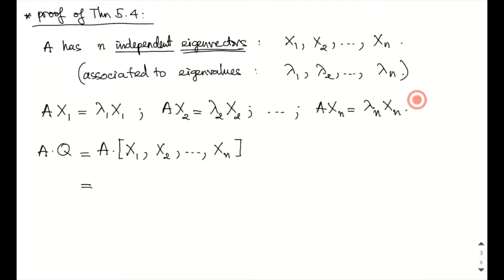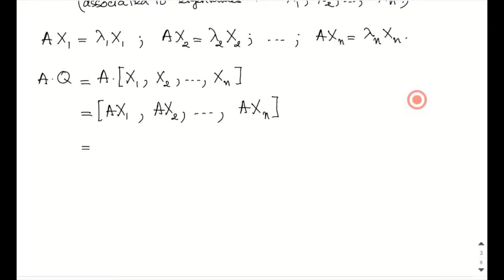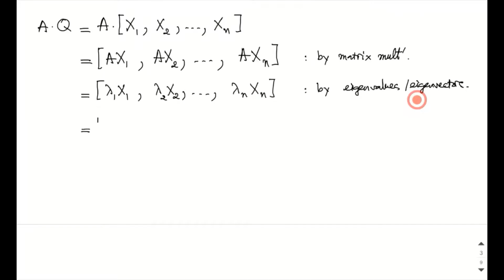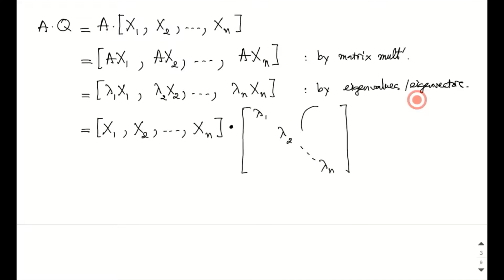So this is going to be the same as A multiplied with the first column, A multiplied with the second column, and then A multiplied with the last column. Then this is going to be the same as lambda 1 times x1, lambda 2 times x2, lambda n times xn. This is the same as multiplying the matrix whose columns are x1, x2, xn by the diagonal matrix lambda 1, lambda 2, lambda n, and zeros elsewhere.